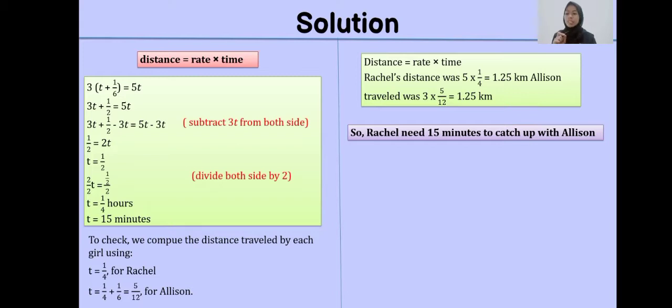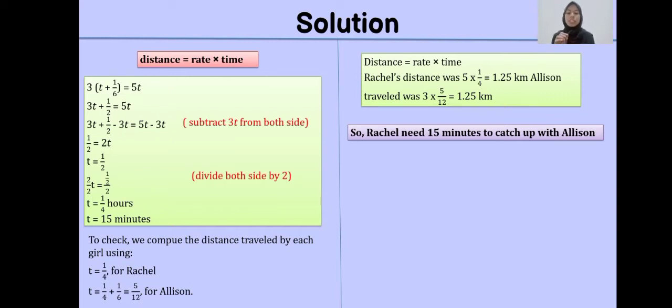So to check, we compute the distance traveled by each girl using t equals 1/4 for Rachel. For Allison, since we already got the t for Rachel, we're just going to substitute it. Since t is 1/4, 1/4 plus 1/6 is 5/12 for Allison.